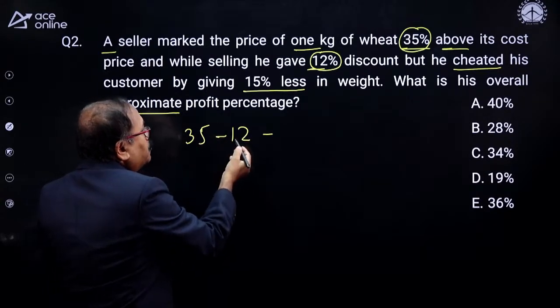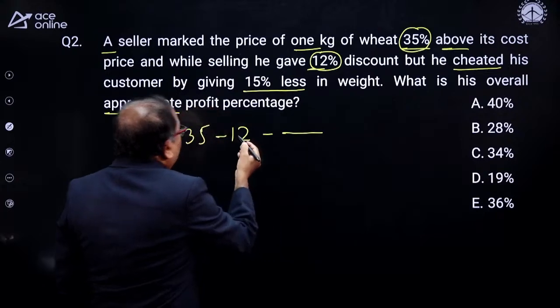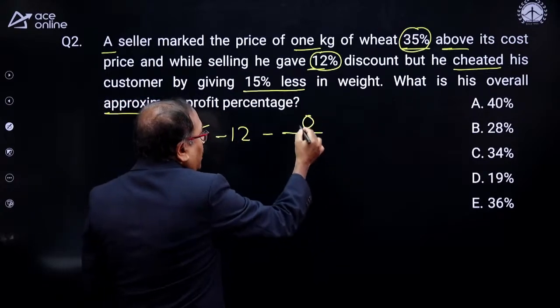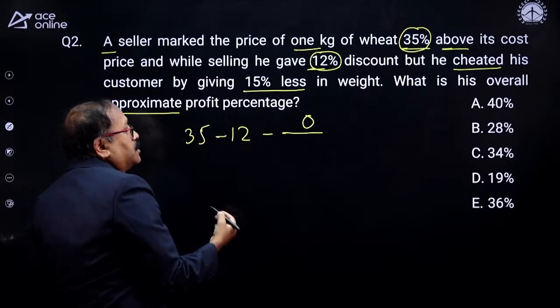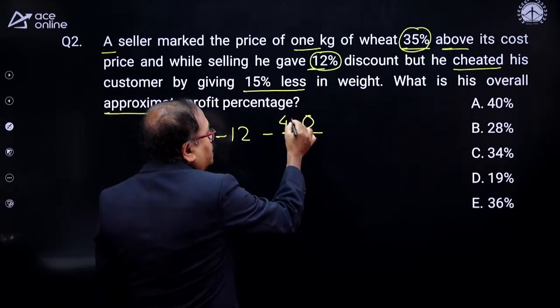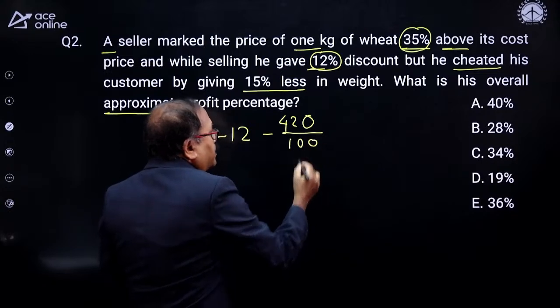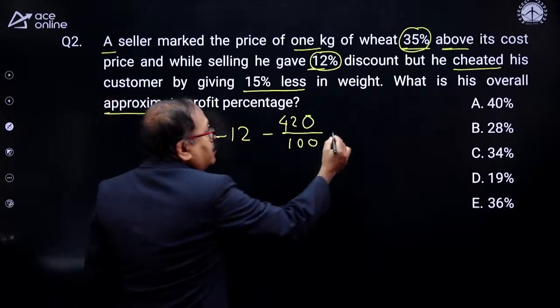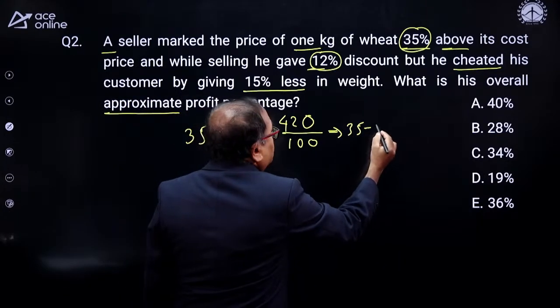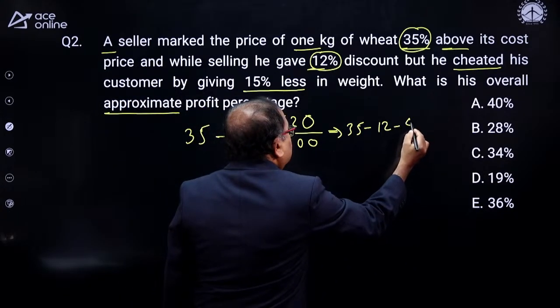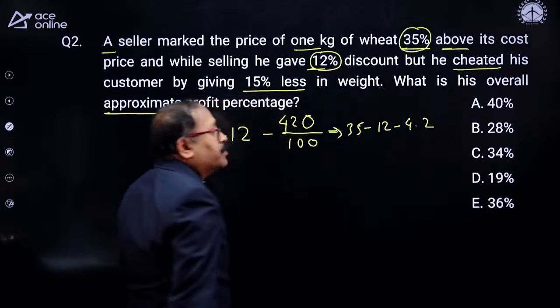So 35 into 12 is 420, divided by 100, that is 4.2.